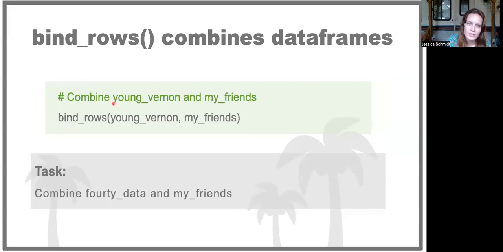Here, I want to combine youngVernon and myFriends, which are two data frames that we've created in the past. bind_rows(youngVernon, myFriends). And it should return the data frame that has both of those two combined. And of course, this works really well because the column names are the same between them. If we were trying to combine two extremely different things, R would have a harder time with it. So this is the simplest use of bind_rows.